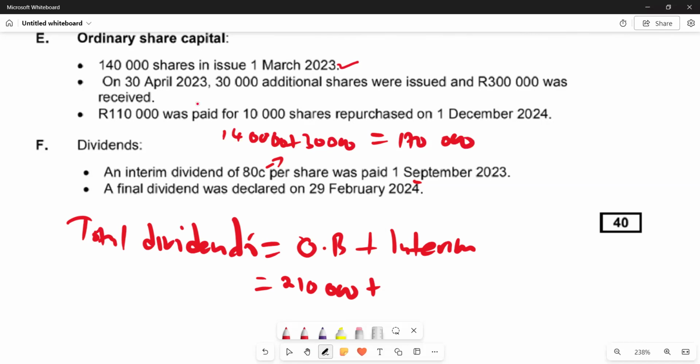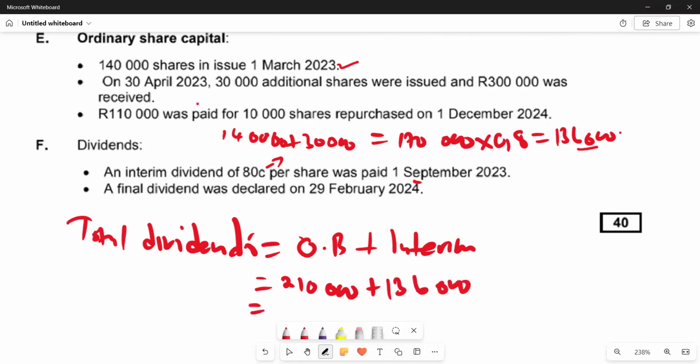If you say these 170,000 shares times the value per share, which is 80 cents, as a decimal is 0.8, you are going to get 136,000. So this is going to be your interim.